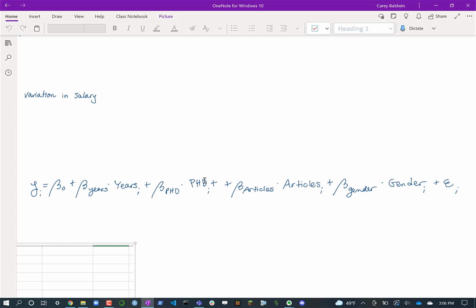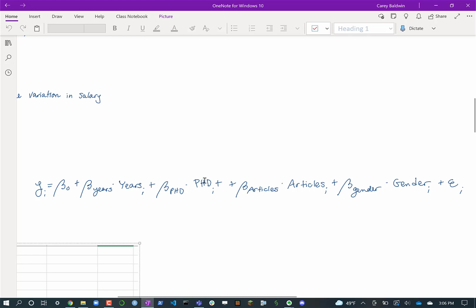Depending on what this number is, we would also expect it to be positive, and we would expect 1 to indicate that somebody does hold a PhD. That number is going to tell us how much more money an instructor can expect to be paid if they do have a PhD. So that's how we'd interpret the coefficient for an indicator or dummy variable.